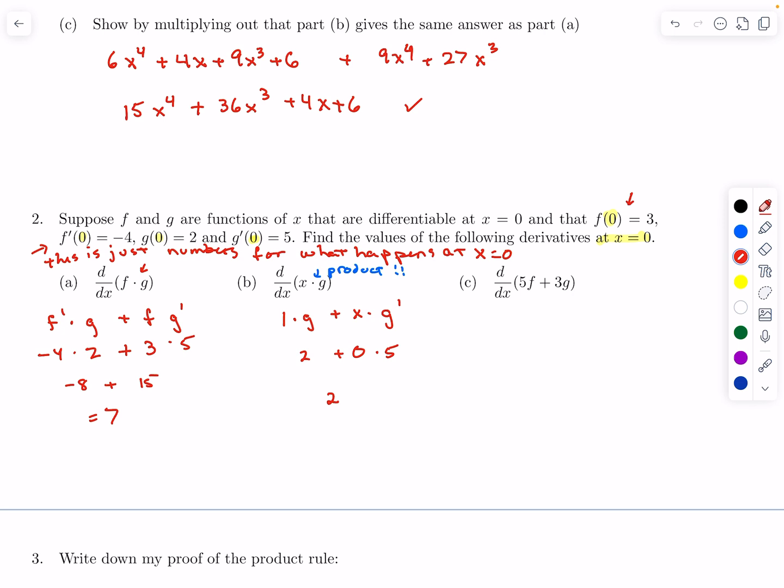So, okay. Derivative of 5f is not 5. It's 5f prime.